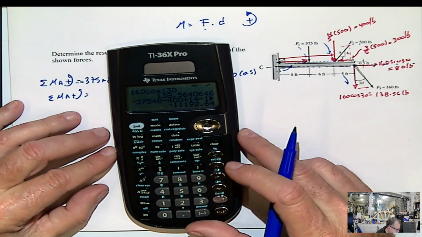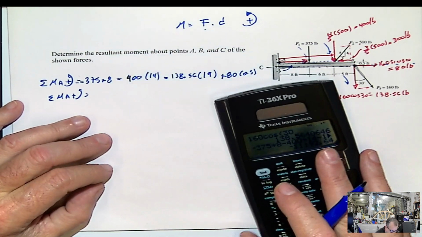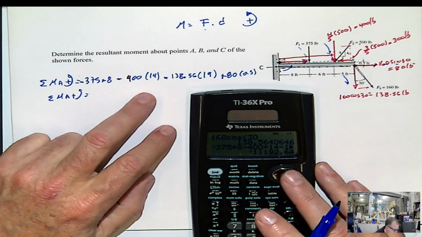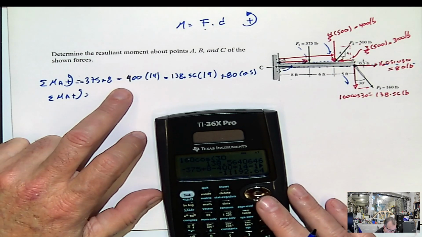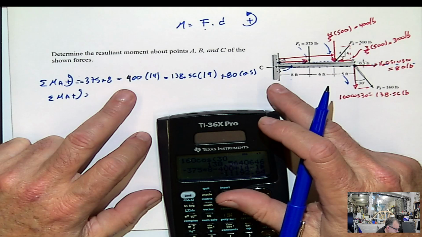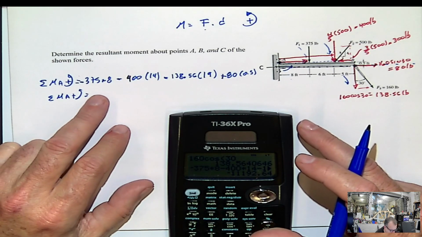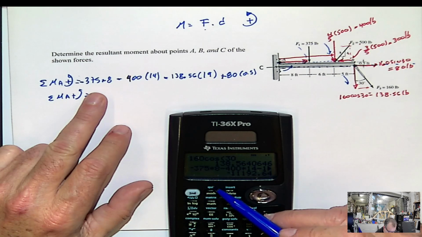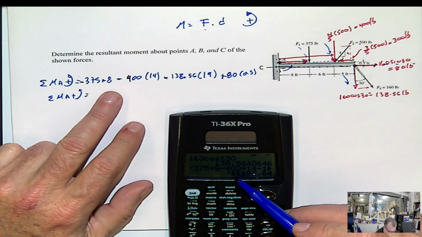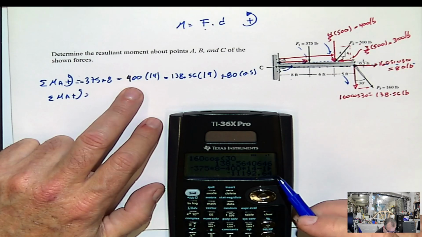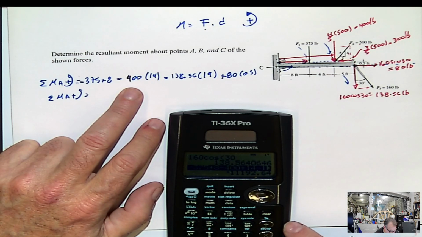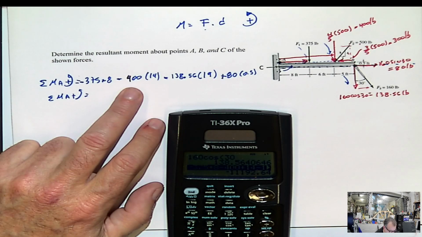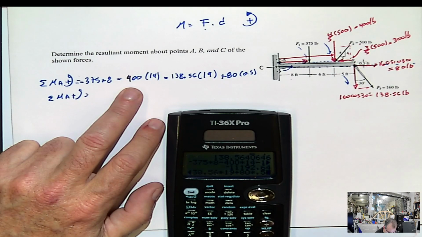I don't think so. I think there is something going on weird here. Let me see. This is negative, this is negative, this is positive. 375 times 8, negative; 400 times 14, that's what I put here, right?